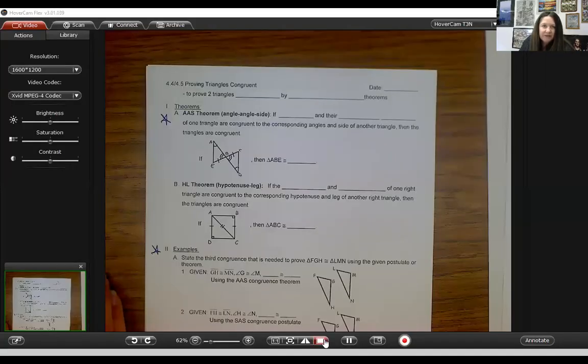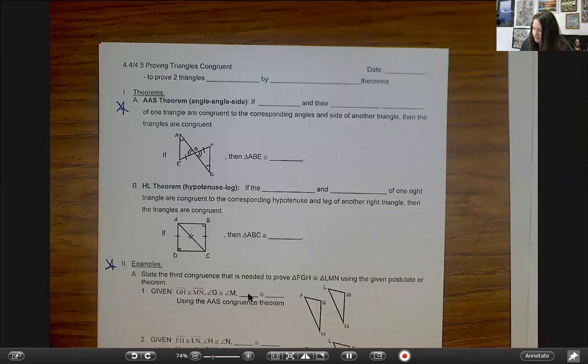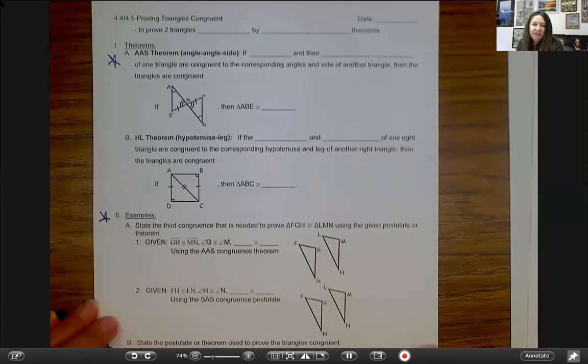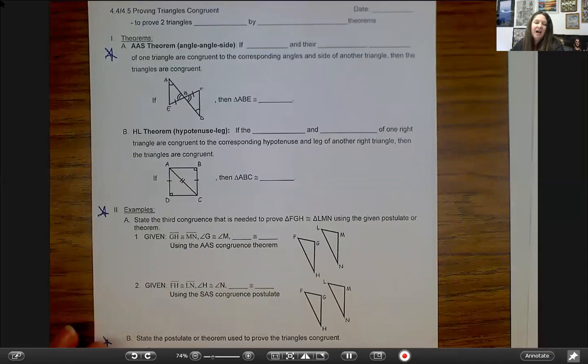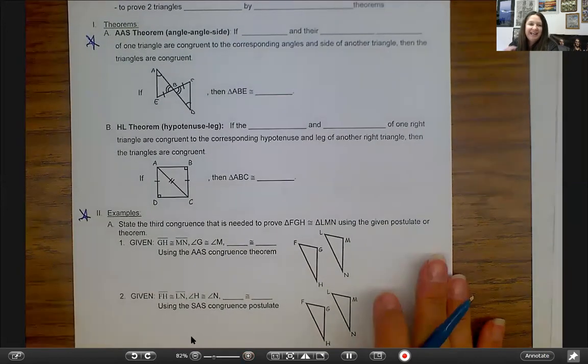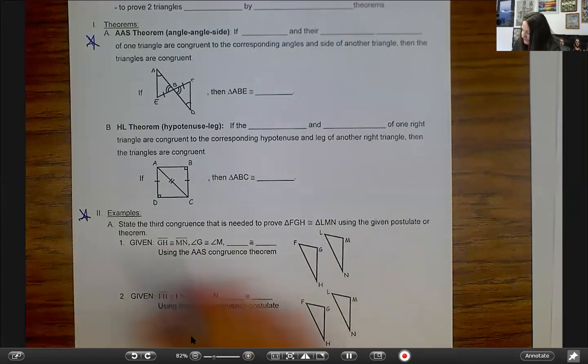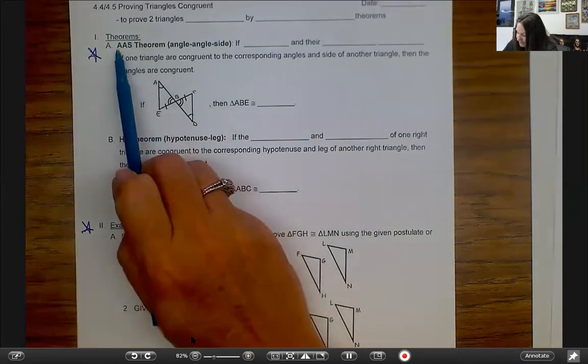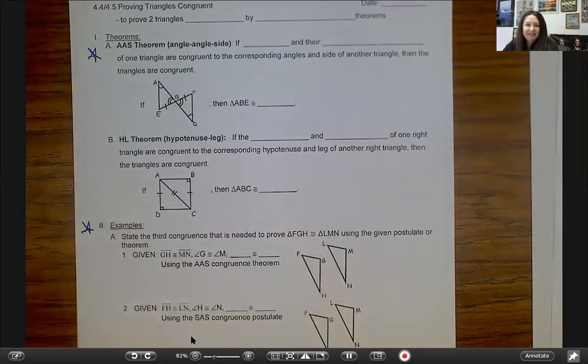All right. So in our set of notes here for lesson 4.4 and 4.5, we're going to focus in on one more case for congruency. Let me make this a little bit bigger. We've got AAS, which stands for angle, angle, side, when you have it marked on the triangles itself.